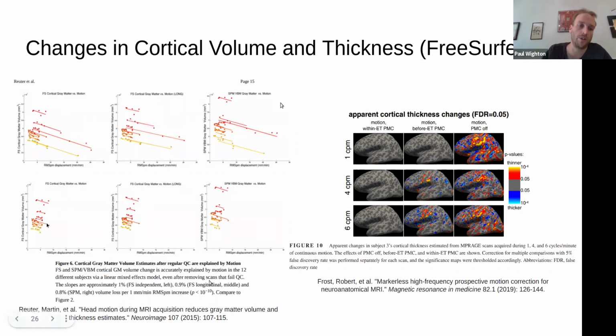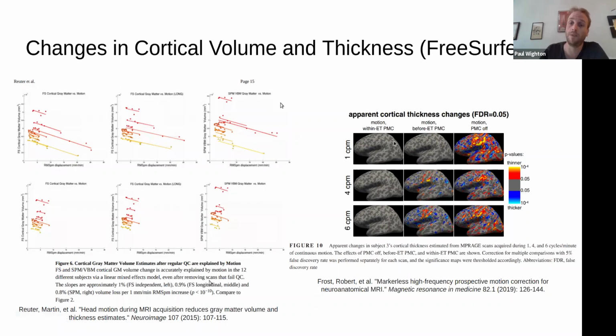And the scary thing about this paper is that even after it was QA'd by a radiologist, I believe, and all the images that weren't considered diagnostic quality were discarded, you still see the effect, which is kind of troubling.